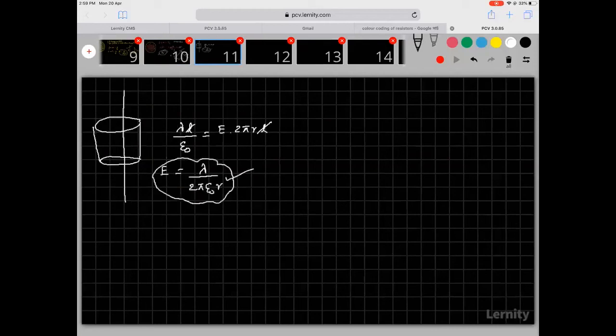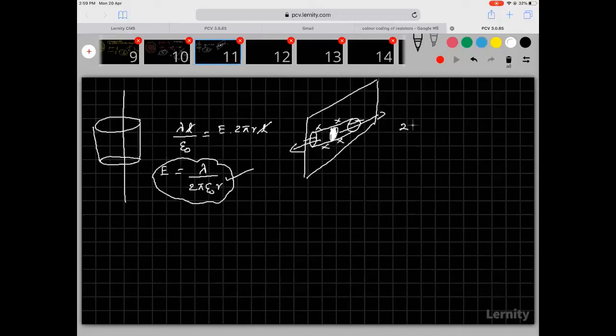In the second one, I took a plane. Then I drew a Gaussian surface inside and outside the plane. This is the charge. The electric field goes this way and this way. On these walls the flux is 0; only on these plane walls will there be flux.